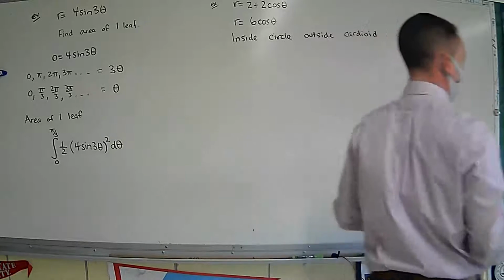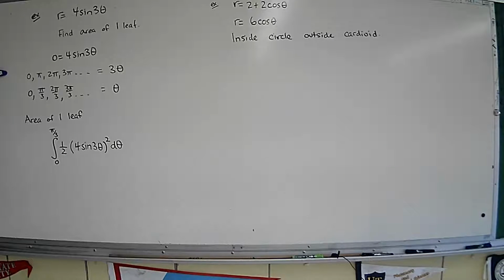All right, so we'll go to the Desmos. r equals 2 plus 2 cosine? Yes. I actually had these typed in here ready to go, and then I accidentally erased them last period. Six cosine.